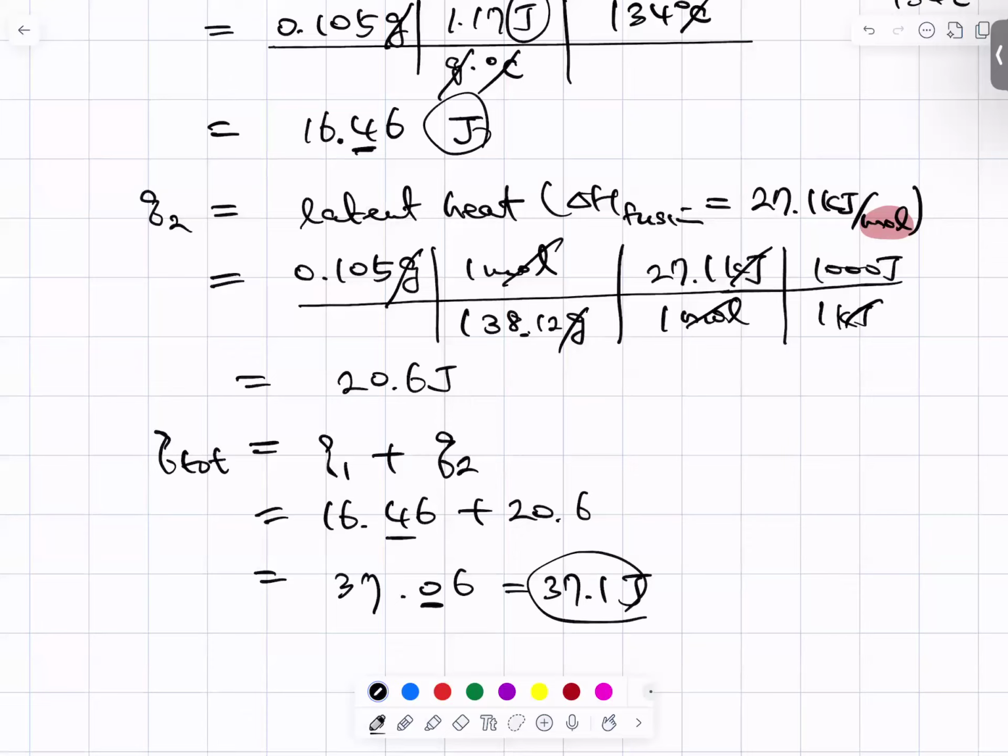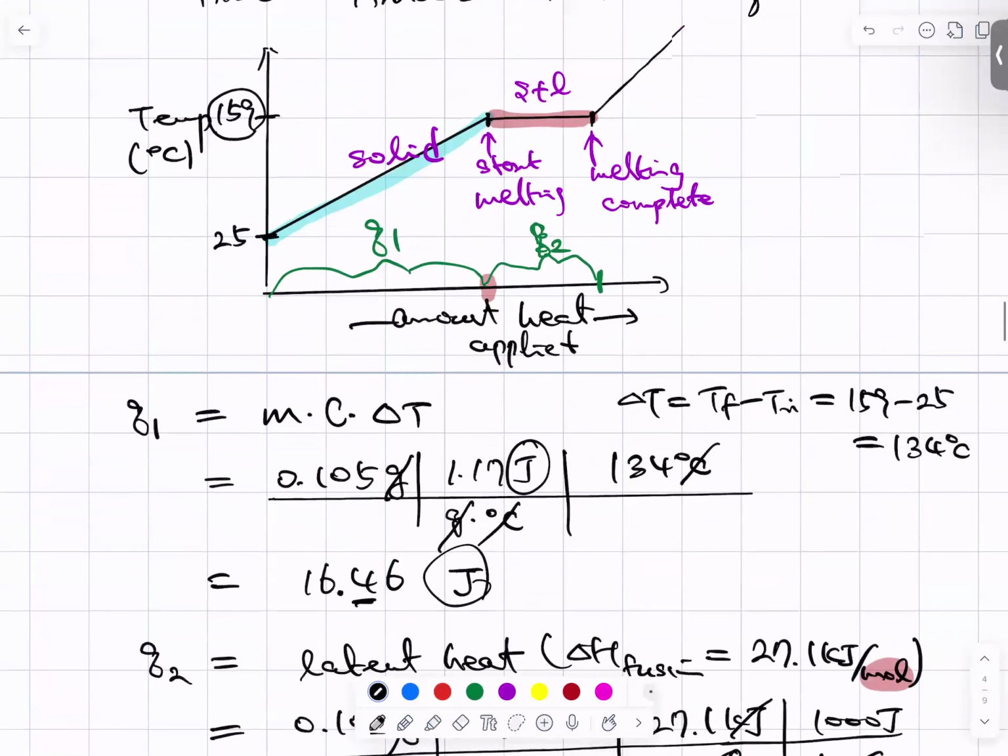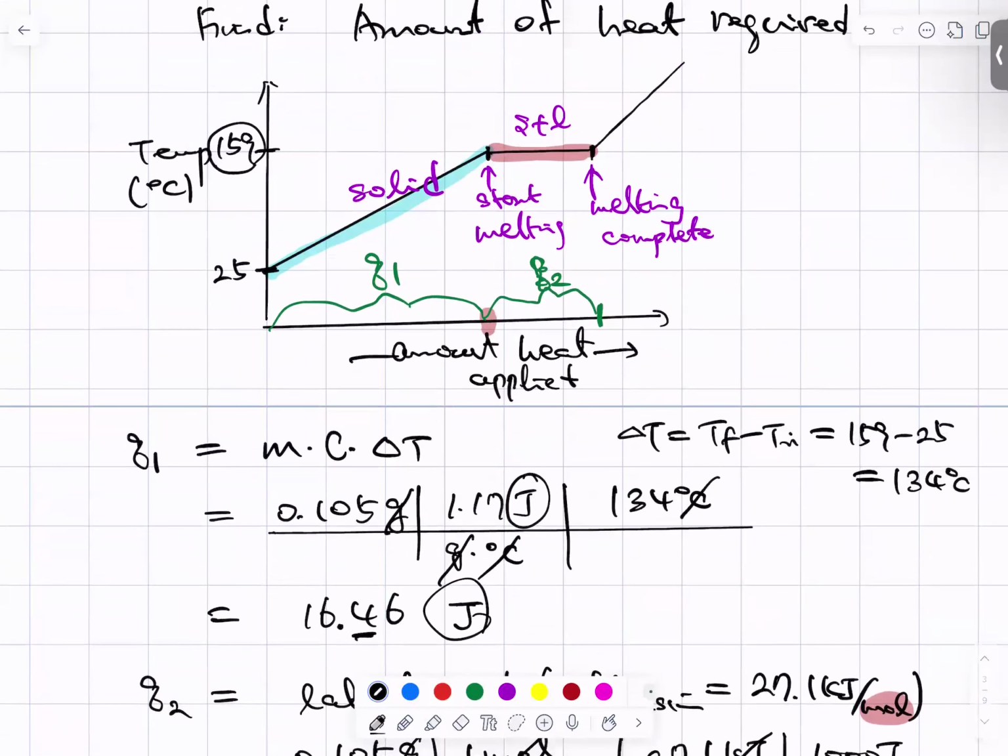Okay, this problem is asking us to understand how to construct a heating curve, and from the heating curve, calculate the total amount of energy required. Here we need to divide the curve into 2 regions. First is the solid region, a single phase region. Second is a two-phase region: solid starts to melt but has not completely melted yet. In region number 2, solid and liquid are mixed.